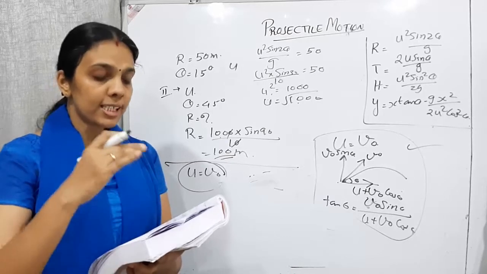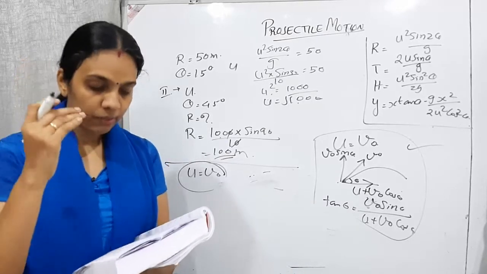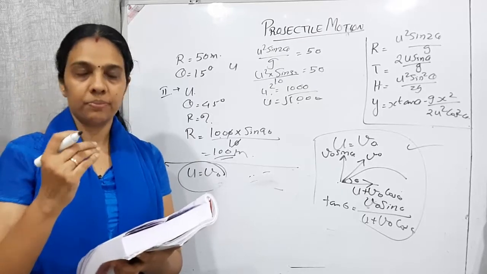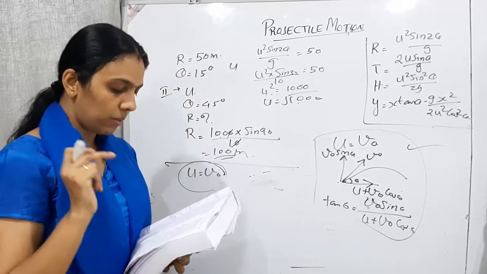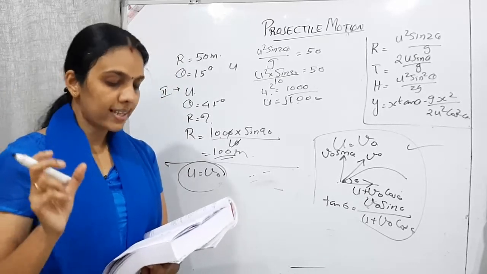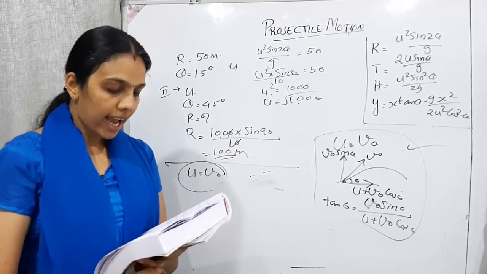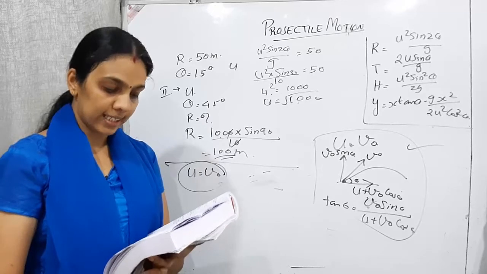That means the difference in heights will be equal to half of the sum of the heights attained by them. Then the angle of projection of the stone which attains smaller height is.